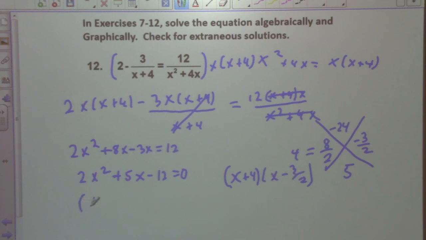So we got x plus 4 and 2x minus 3 equal to 0. And so what does x equal? x is equal to -4 and 3 over 2.